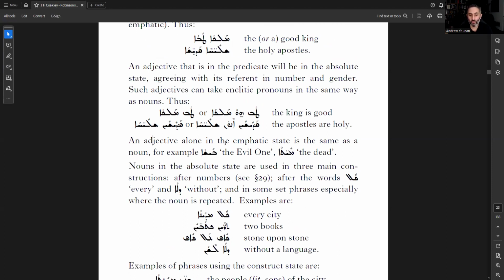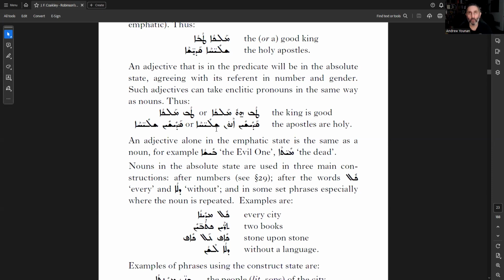An adjective alone in the emphatic state is the same as a noun. Bisha, so if you say Gaura Bisha it can mean an evil man, but just Bisha by itself is the evil one. Mitha can mean dead, but can also mean a dead person. Mithe is the dead people.